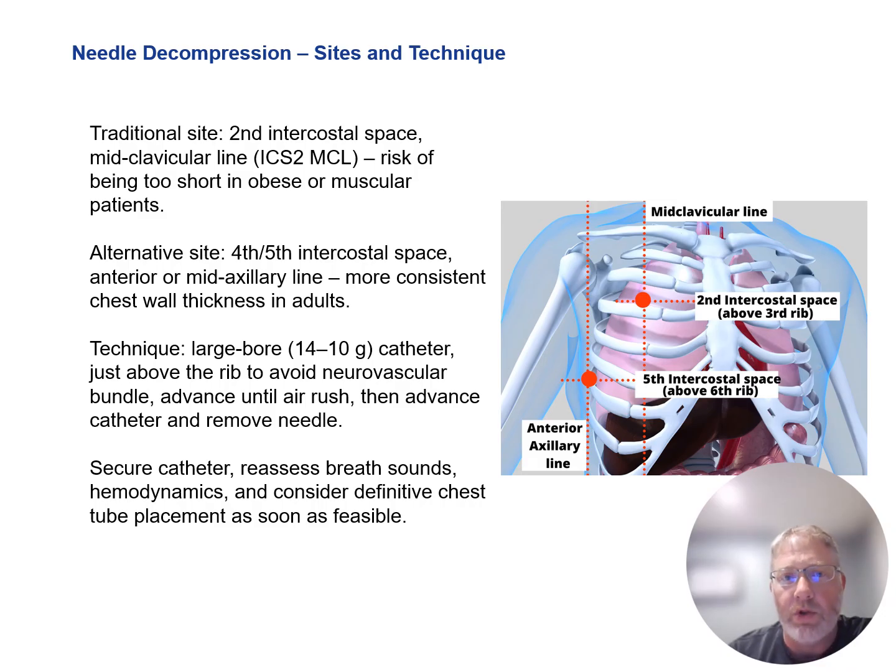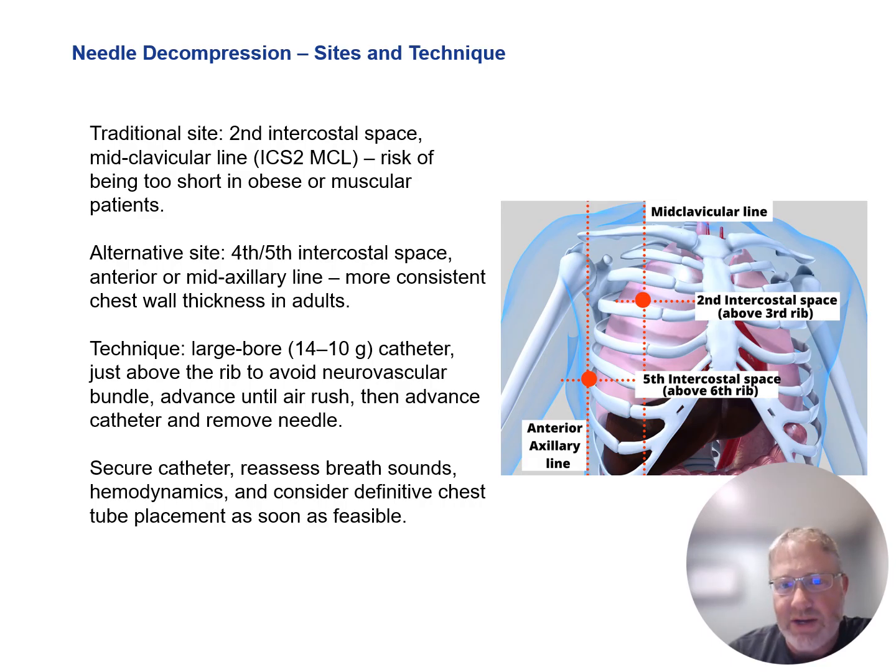When looking at what to use, usually you would use a large bore 14 to 10 gauge catheter, insert it just above the rib to avoid the neurovascular bundle. Advance it until you feel a give and hear or feel a rush of air.